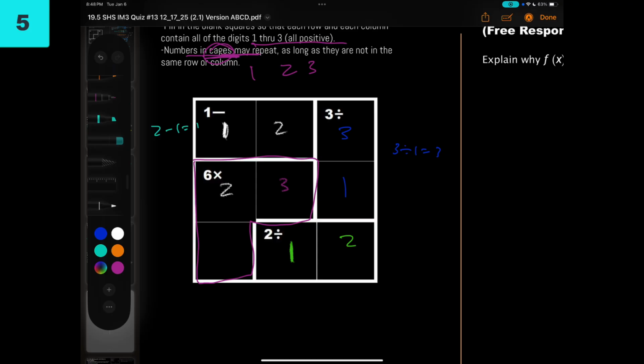Switch my numbers here. Three and 1. Nope.